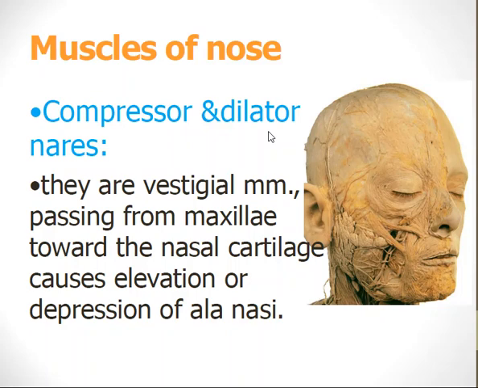These are small, vestigial muscles, but they play a role in elevation or depression of the alae nasi. They are evident in a person trying to take a deep breath, or a dyspneic person with shortness of breath, who tries to open the nostrils by the action of the dilator nares muscle. The contrary of that is the compressor muscle.